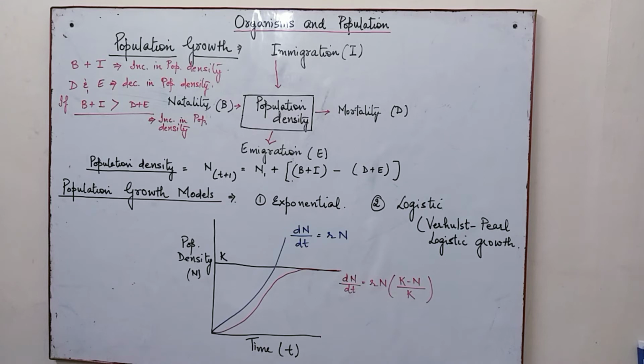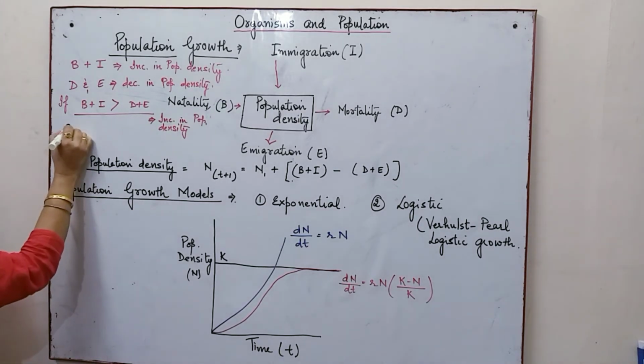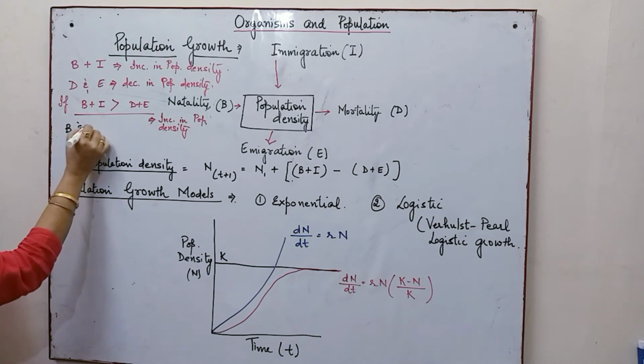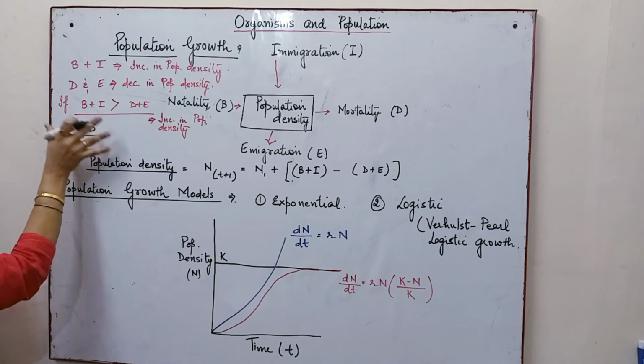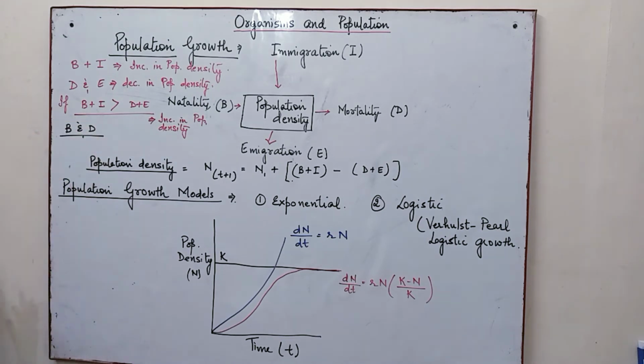So here we find that the birth rate and death rate, B and D, are more important for a stable habitat. That means one that has been thriving, that is allowing the population to grow for a longer period of time.